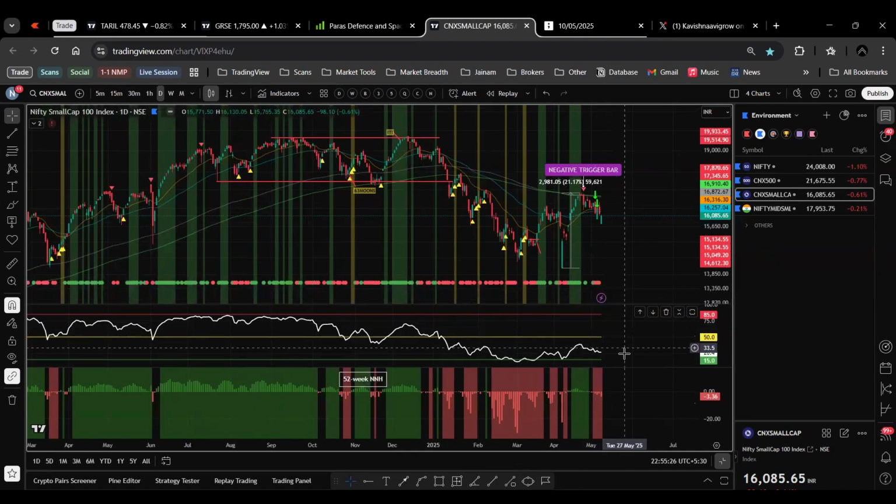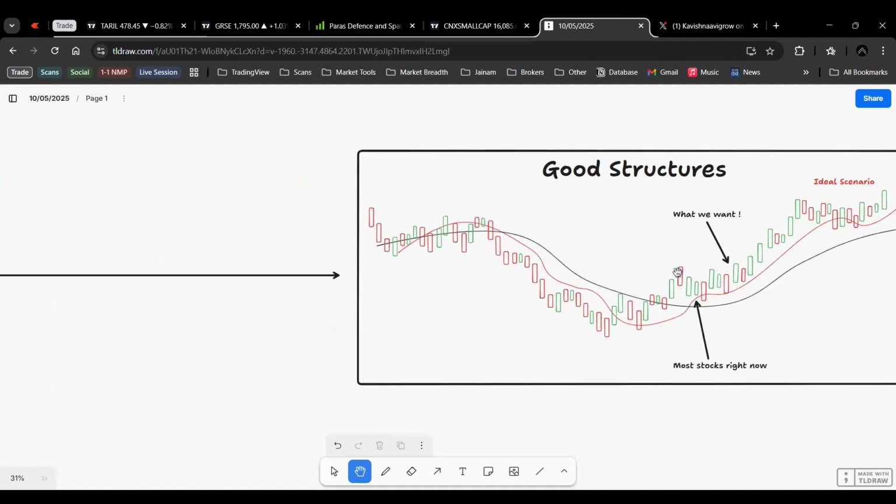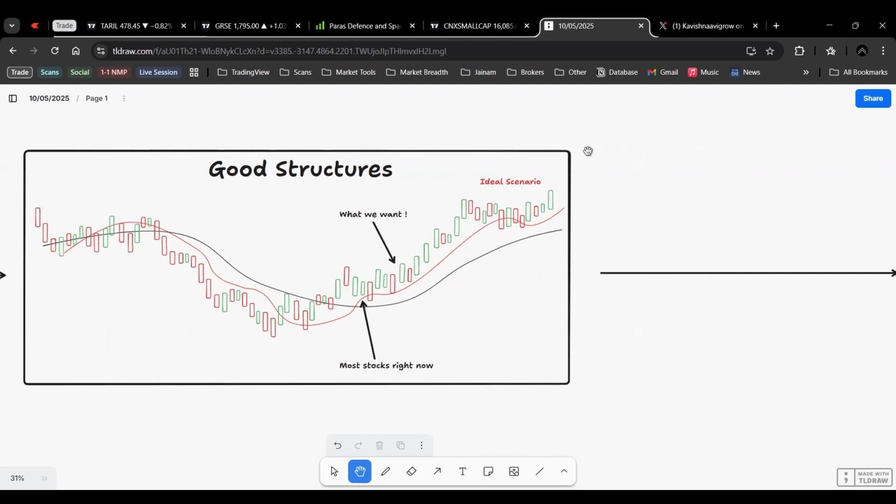You want this number to be at least 45-50% in order to see clean moves, and you want the structure to be clean and cleanly visible on the weekly time frame. You want the structure to not chop around the 50-day moving average or the 10-week moving average. And eventually, the ideal scenario will emerge in a bull market.